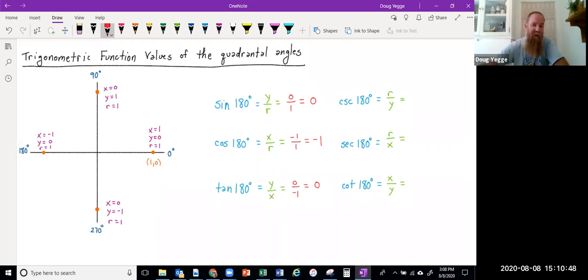But now we look at the reciprocal of these and realize the cosecant of 180 is r over y, which is 1 over 0. And now we realize that there's some times at the quadrantal angles where we get an undefined value. Obviously, if x, y, or r is 0, then we know that we could be dividing by 0.